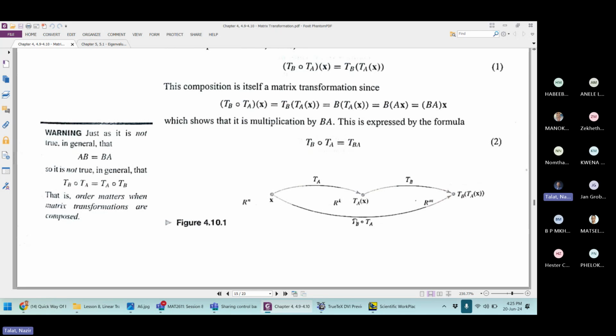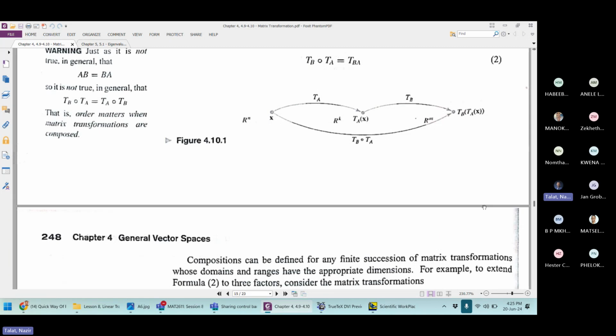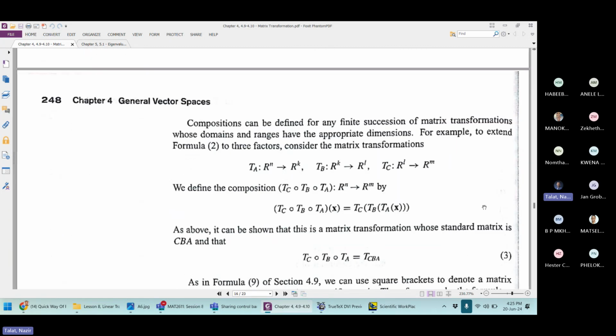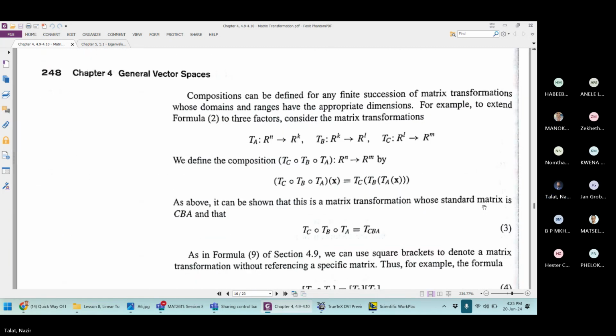Like we know that in an operator equation, first we need to apply TA on the vector, then on its output we again apply TB. So it gives us a mapping from Rn to Rm. This is called the composition of matrix transformations.